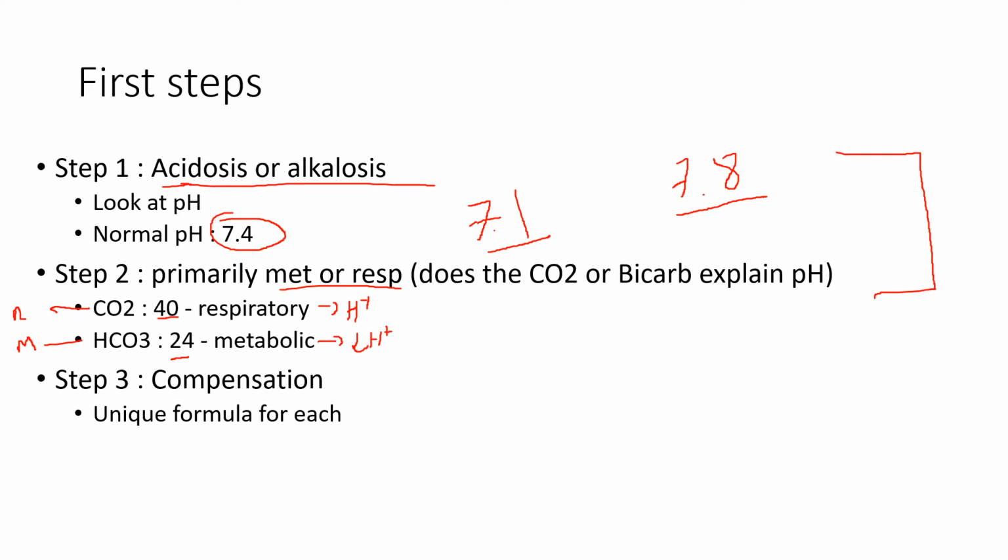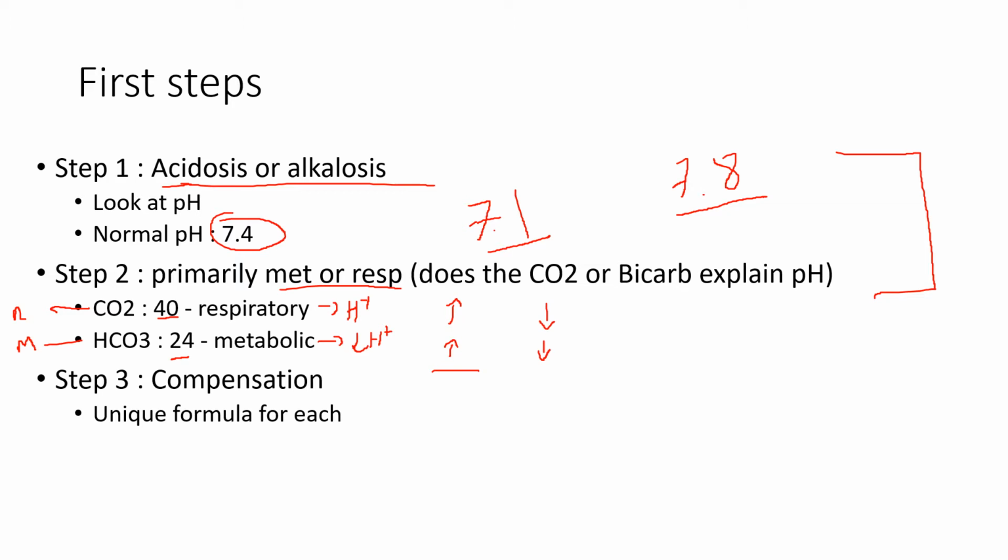Now let's say we're given a problem, and usually the CO2 and bicarb will either both be higher or lower than the normal values. They'll travel in the same direction. So we have a problem. They gave us a pH of 7.1, a CO2 of, let's say, 44, and a bicarb of 26. So both of them are high. Which one of these explains our low pH?